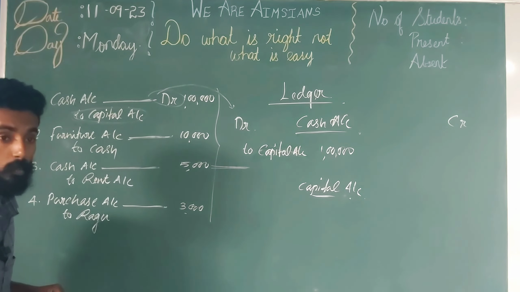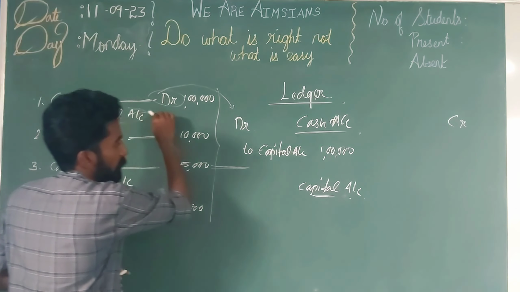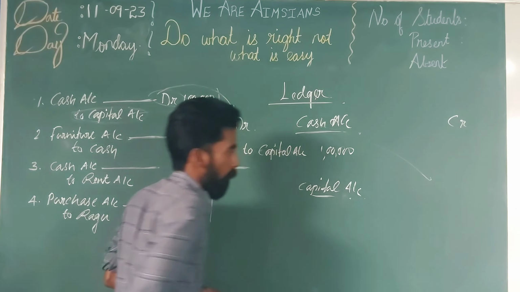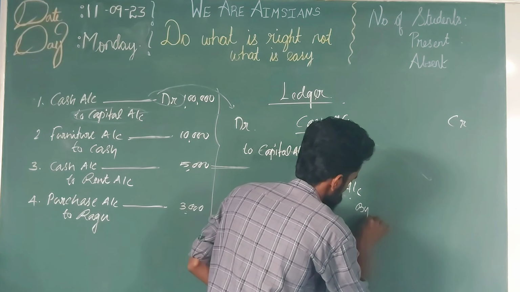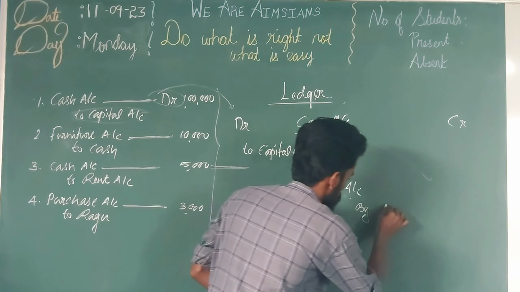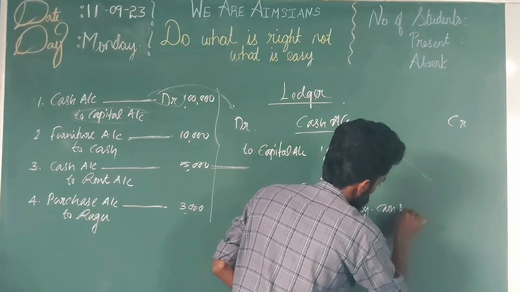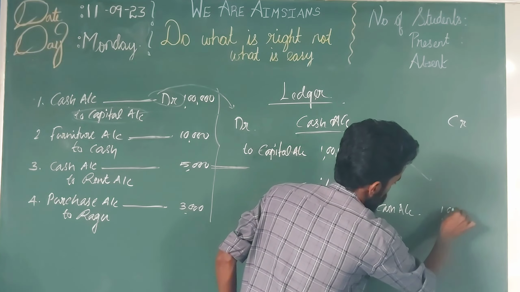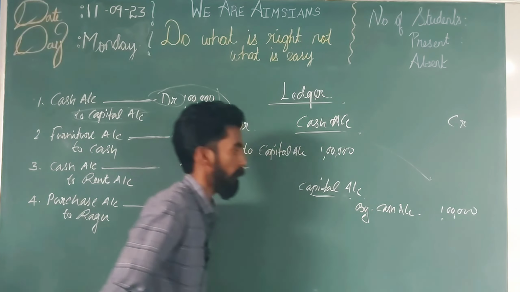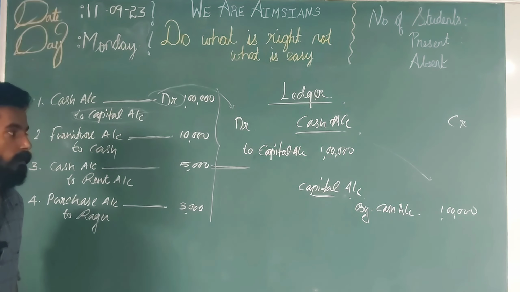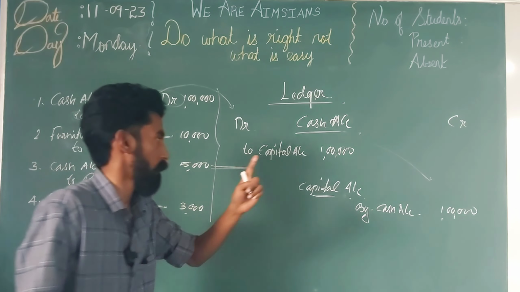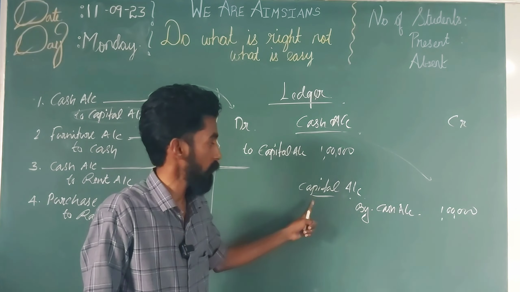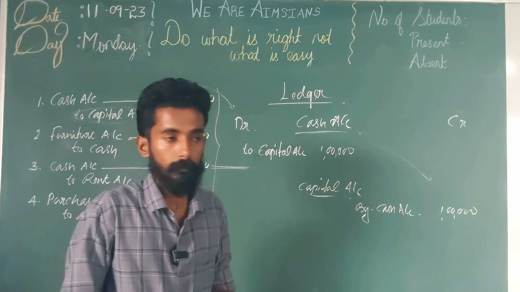So we need to go to the credit side of the capital account. What do we need to write? By cash account, the same amount, rupees 1 lakh. Is it clear? The first transaction is going to affect two accounts: one is cash account and another one is capital account.